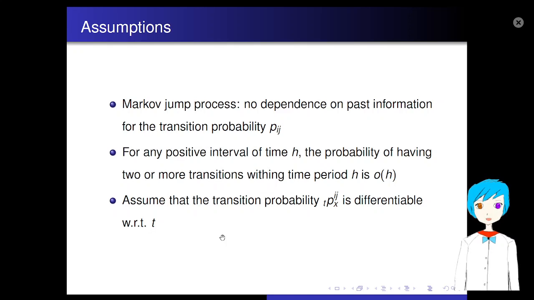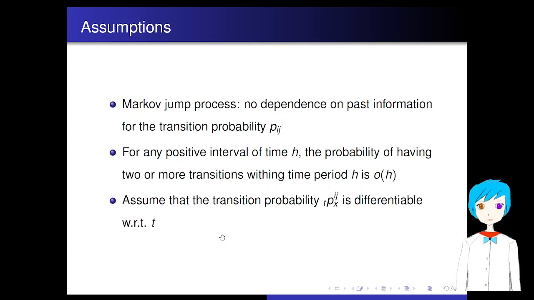We have some basic assumptions for the multiple state models for the state changes. We assume that the process is Markovian, which means that there's no dependence on past information for the transition probability Pij at any time. For any positive interval of time h, the probability of having two or more transitions within this time period h is o(h).